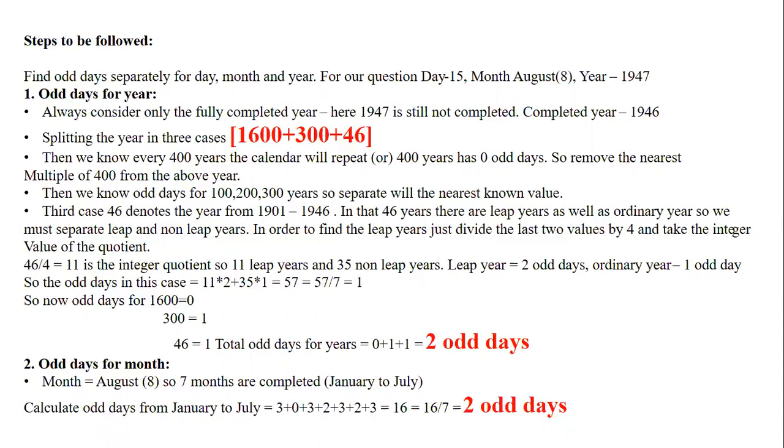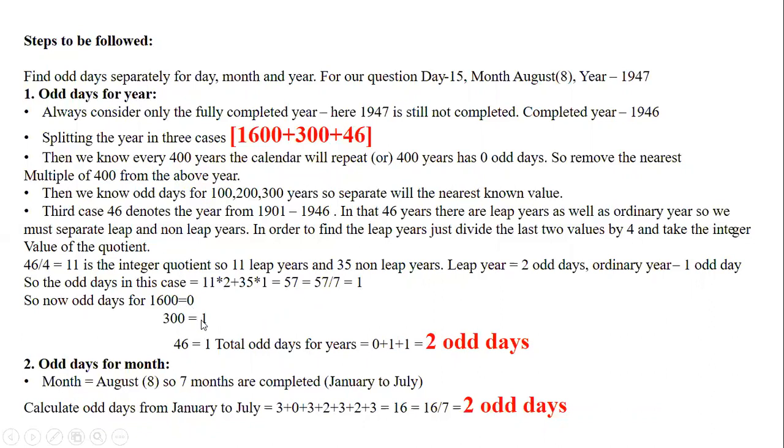So there are 11 leap years in those 46 years and 35 non-leap years. To find the odd days, multiply 11 into 2 plus 35 into 1, because a leap year has 2 odd days and a non-leap year has 1 odd day. So 57 when divided by 7, the remainder is 1.